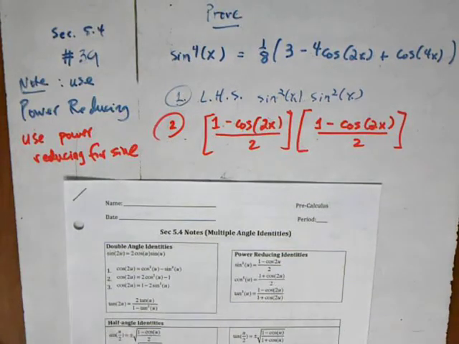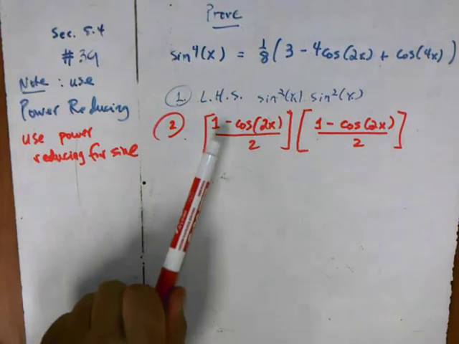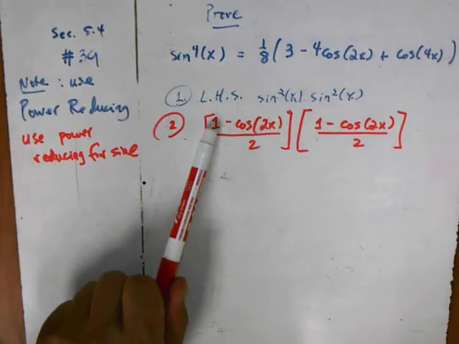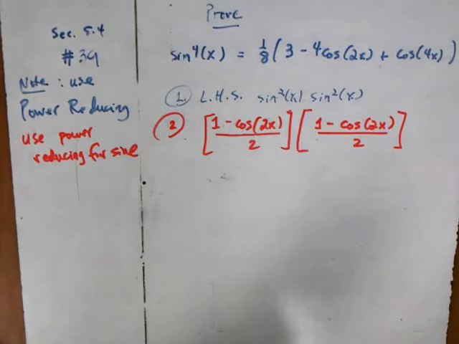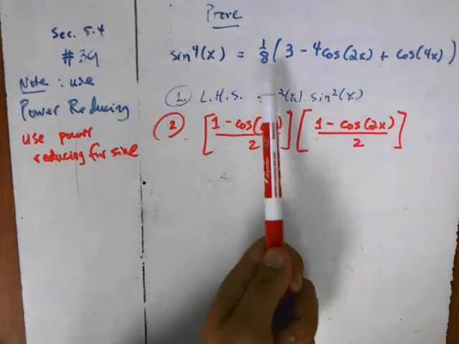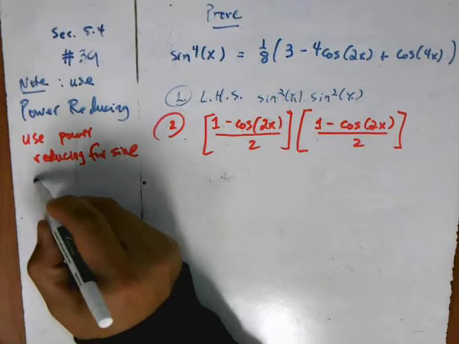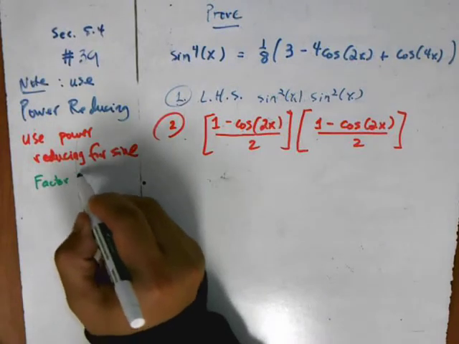One thing to note here is that I got a 1/2 in this. This is really 1 minus cosine 2x times 1/2, and I got another 1/2 here. And if you look at our problem, we have a 1/8. So now I'm going to factor 1/2.